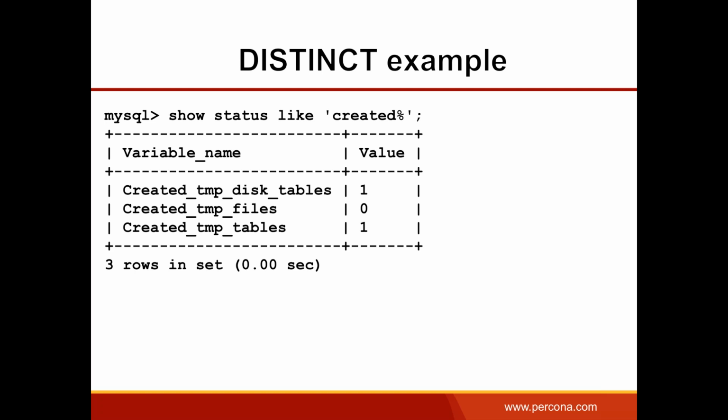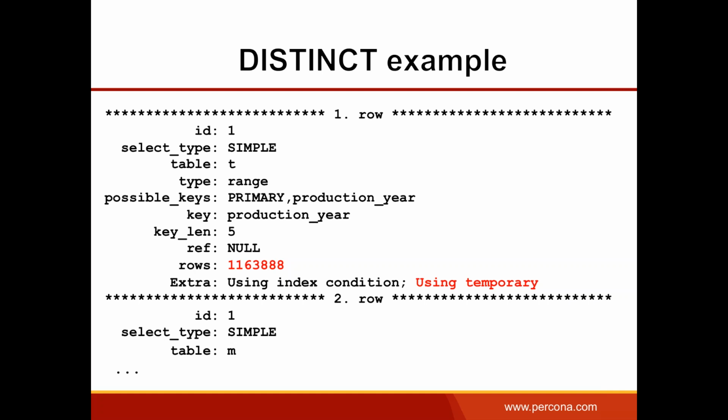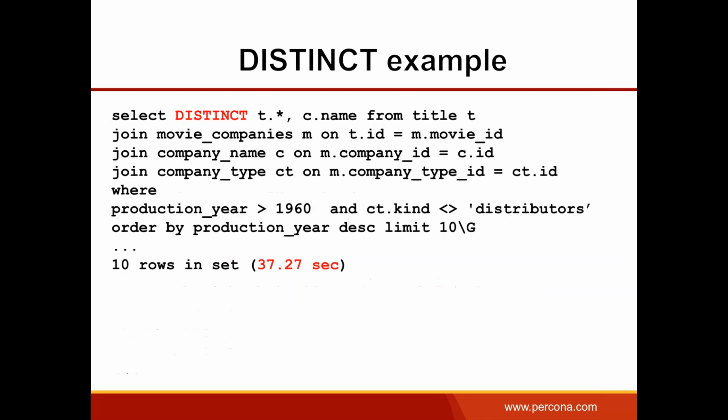The reason is that one of the fields in the titles table is actually declared as a text field. The title description is declared as a text field, and this is why MySQL was not able to use a memory temporary table. We'll have to create a temporary table on disk.